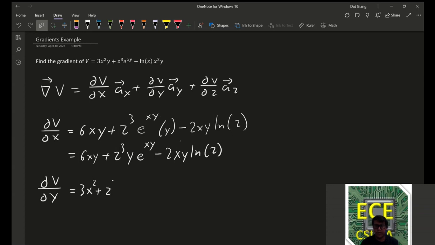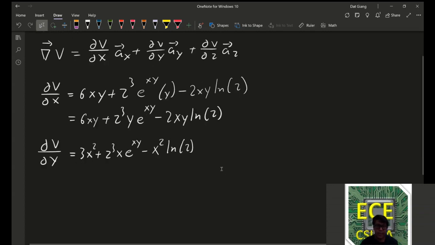So we're going to get z cubed x e to the xy. Then lastly, I'm going to shift these variables around, minus x squared ln of z, because when we act on this part, this goes away, and we get this as our remainder to treat like a constant.